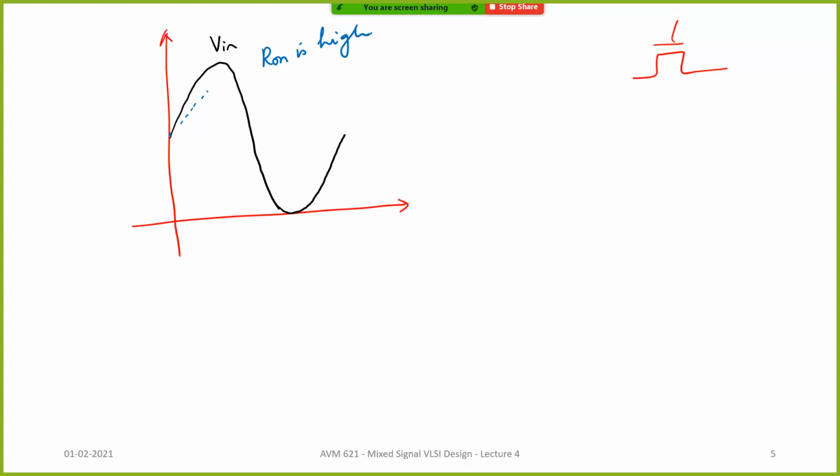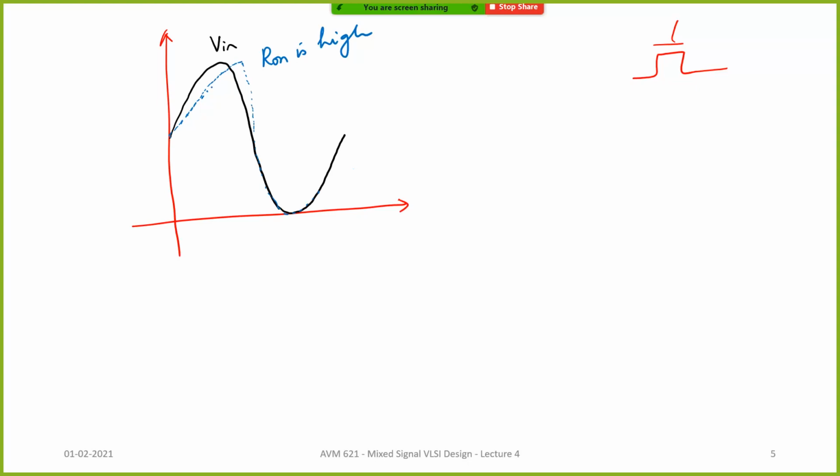Right? So if you're kind of close to that 1 by RC point, you're going to see a big lag, right? There's going to be lag. And then what will happen? As your input goes low, here the Ron is very less, like the on resistance is very less, and now it is going to nicely track here.